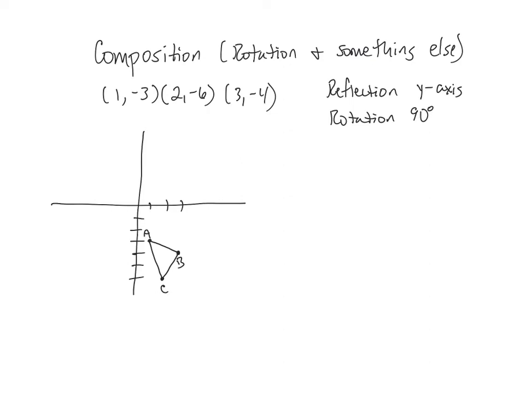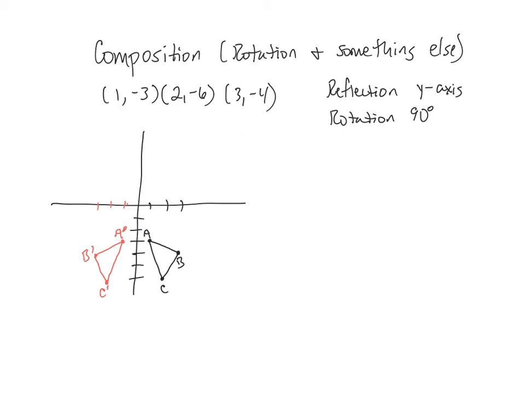Alright, so reflection in the y-axis means flip them over here. So the A is 1 space away, the B is 3 spaces away, and the C is 2 spaces away. Okay.